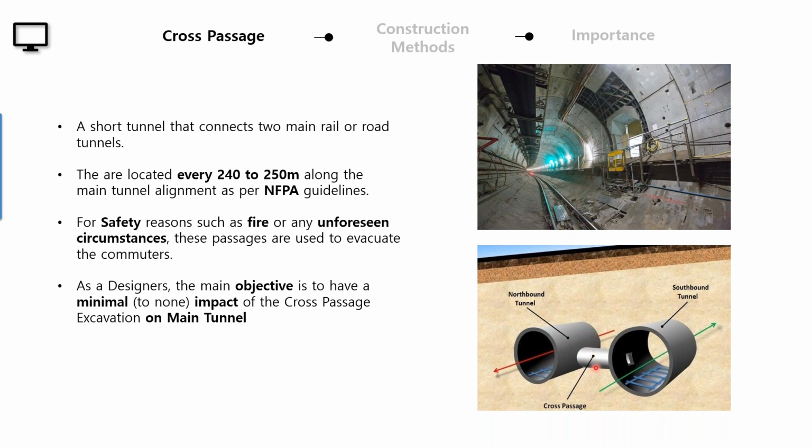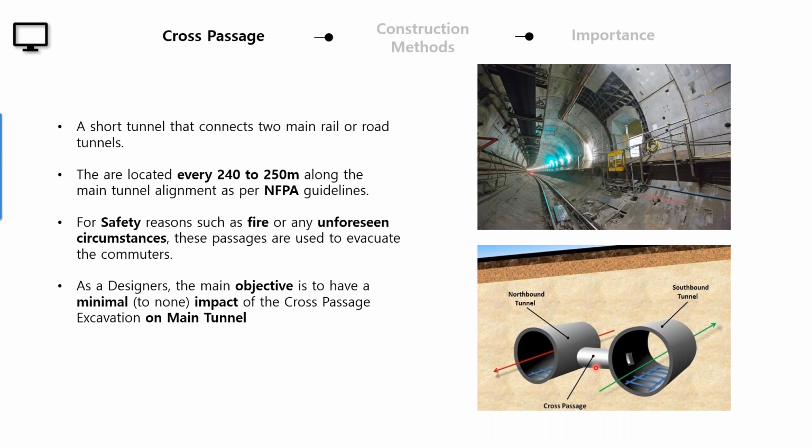This cross passage is generally constructed every 240 to 250 meters as per NFPA guidelines. NFPA is the National Fire Protection Association. It's a US government agency, but the same guidelines followed by NFPA are taken by ITA guidelines as well.